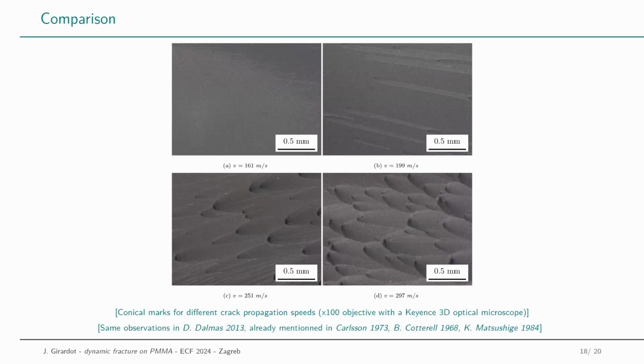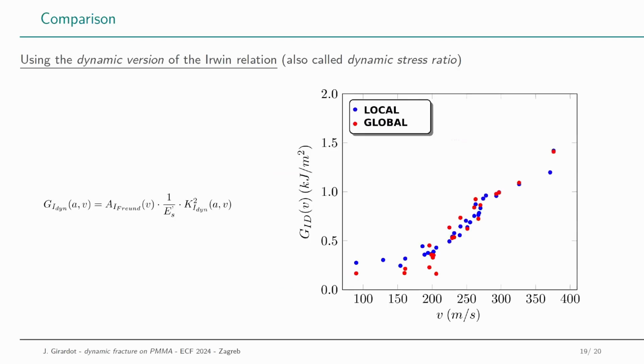And you see that at low velocity, under the first value of critical velocity, you have a clear mirror surface. And then if you increase the crack velocity, you see more and more what is called in the literature conical marks. And when I say in the literature, in fact, we are just confirming only one paper from Dalmas et al. that already observed this kind of conical marks.